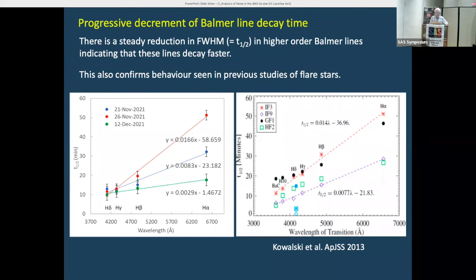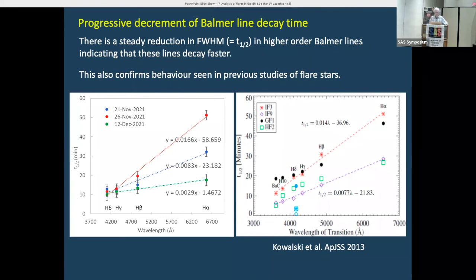We observed evidence that the luminosity of the continuum does peak before the Balmer emission lines, and it decays faster. And also that higher order Balmer lines had lower energies and decayed faster than the lower order Balmer lines. That's what we've seen in the last 2 slides.